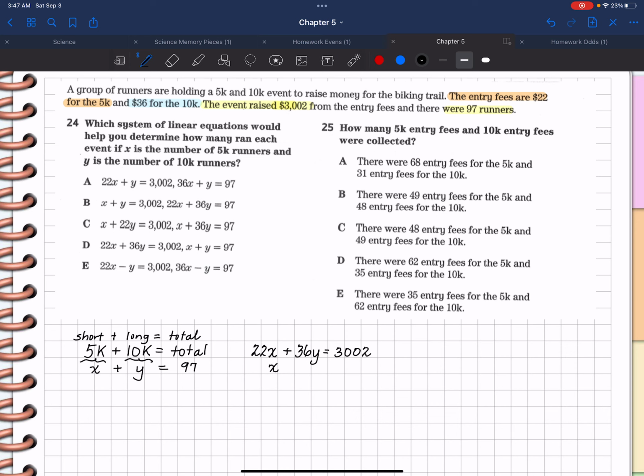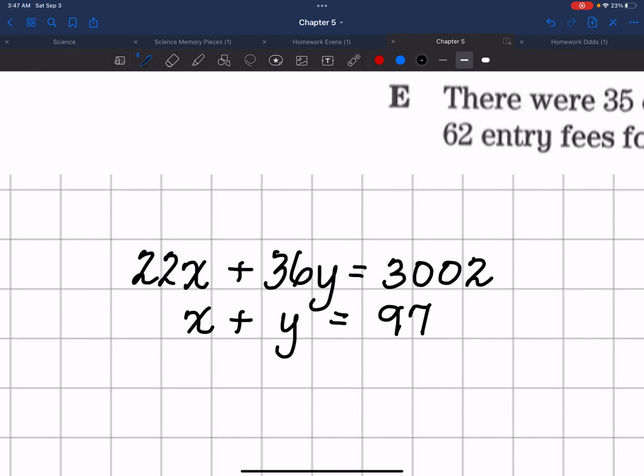Let me bring this one on over. Because if I can get a negative 22 in there, I've got what I need. So I'm going to multiply that negative 22 through to everything. That's the catch. You have to do it to everything.